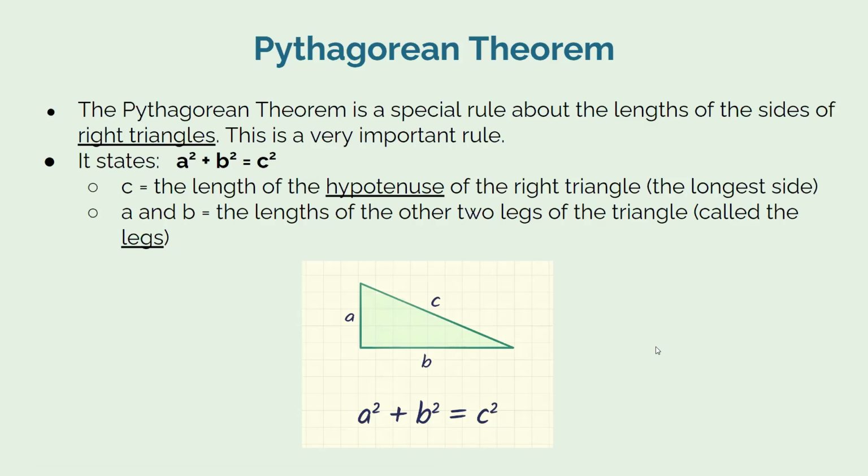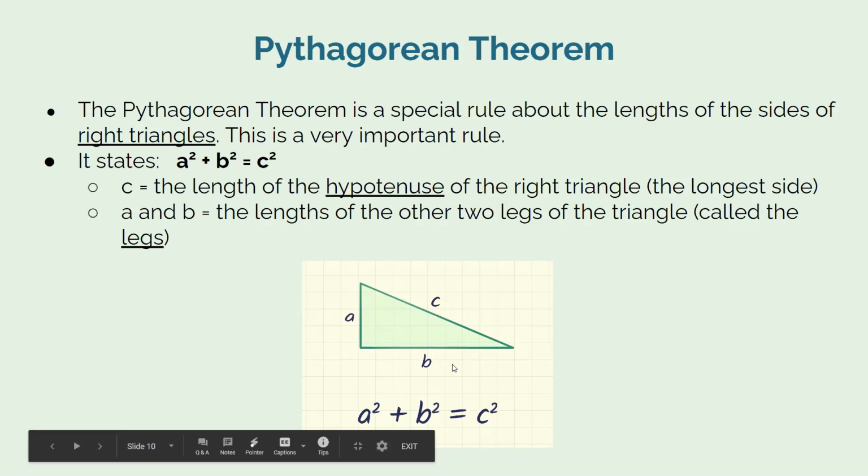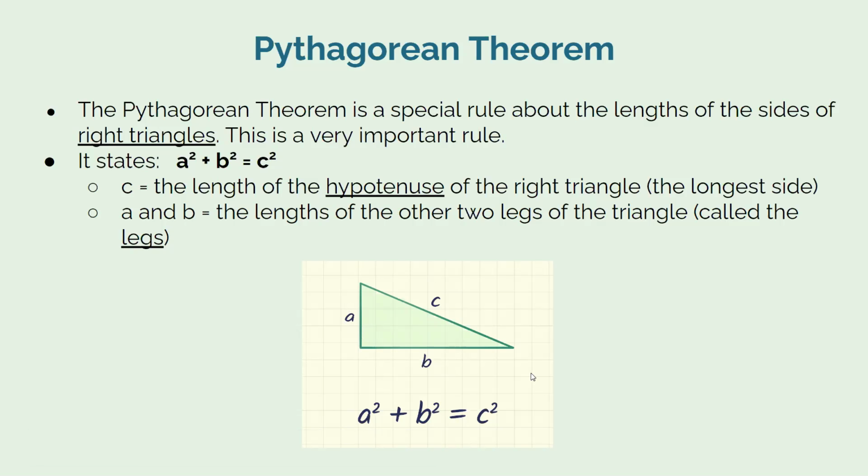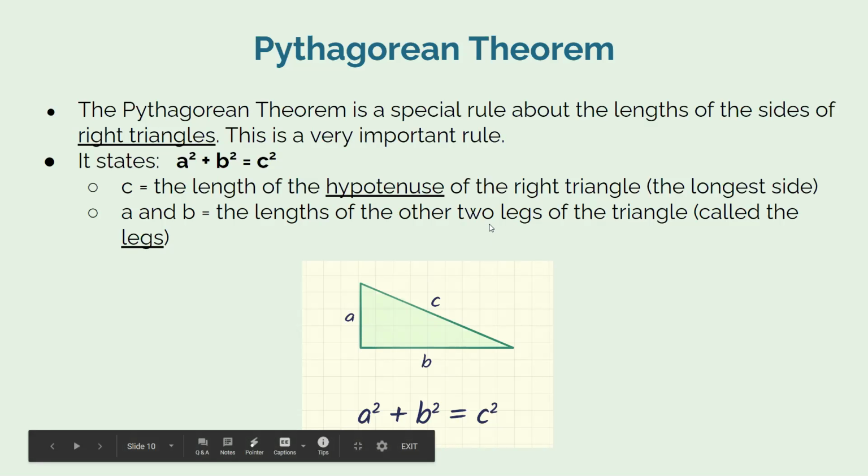Once you identify the hypotenuse, you automatically know what the legs are. And a and b can be equal, and you can also switch the places of a and b. But that would only be isosceles right triangles, which we're not going to talk about yet.